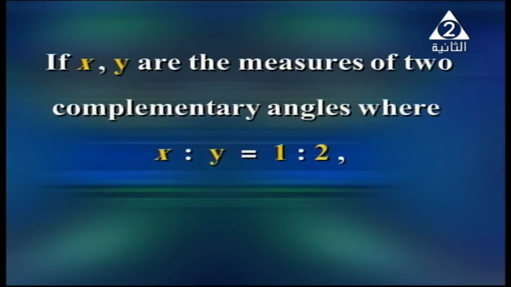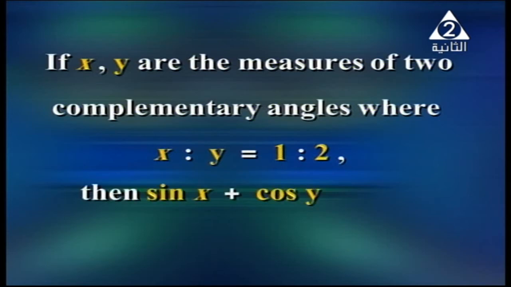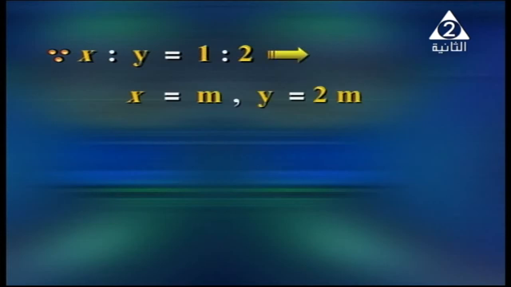Another example, if x and y are the measures of two complementary angles, where x ratio y equals 1 ratio 2, then sine x plus cosine y equals what? First of all, as x ratio y equals 1 ratio 2, we can say that x equals m and y equals double m, 2m.